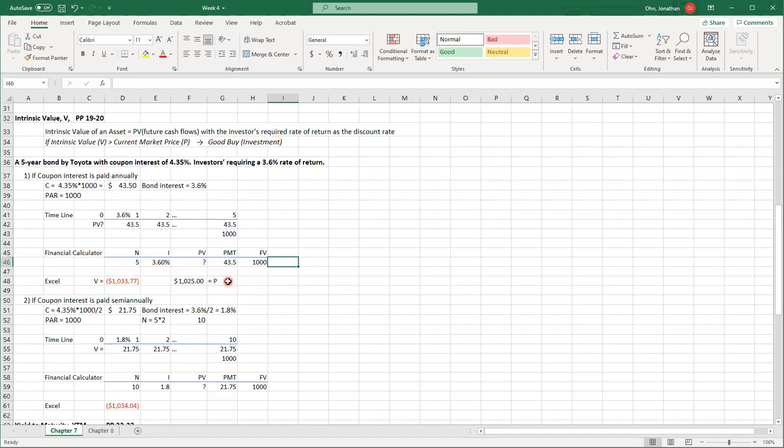Why do you buy this one here? Why is this price attractive? Because given all the bond characteristics, our calculated theoretical value is $1,033.77, but somehow in the market it is priced slightly lower than the theoretical value. We could say underpriced, undervalued.